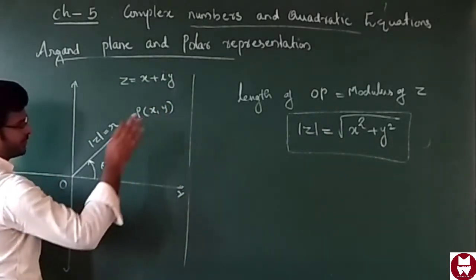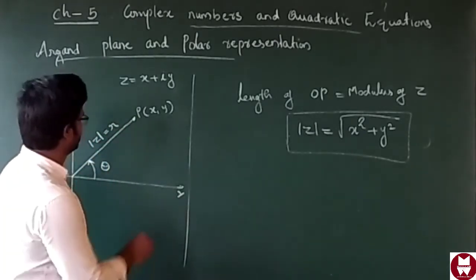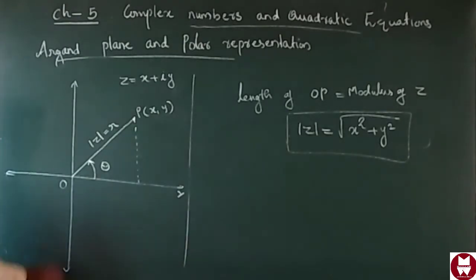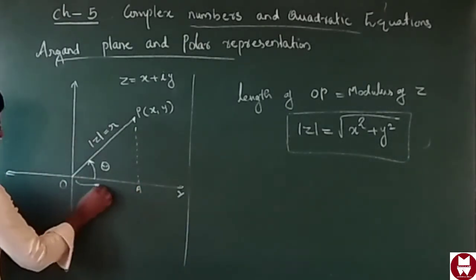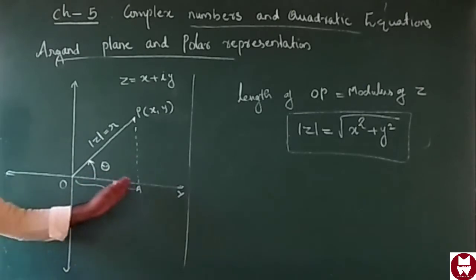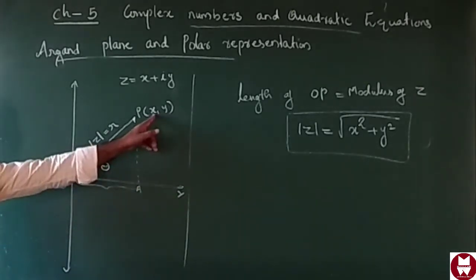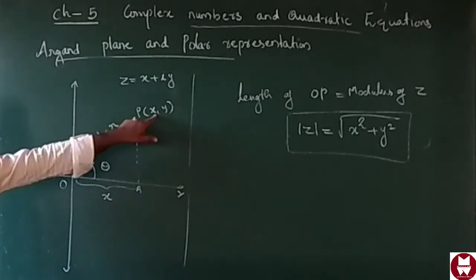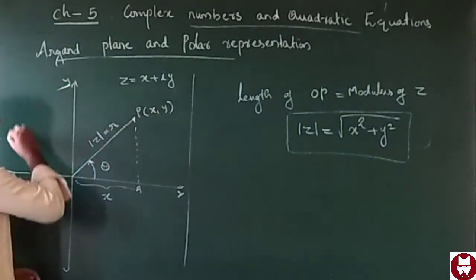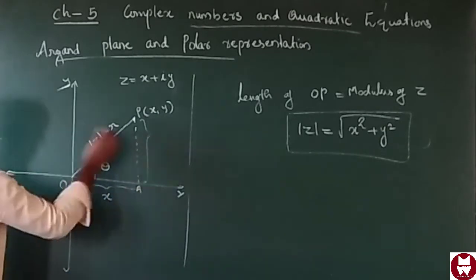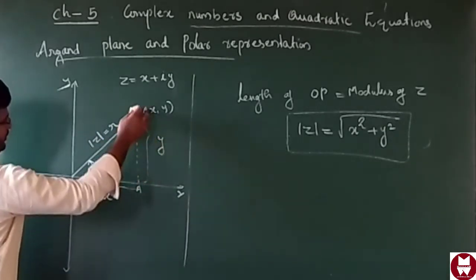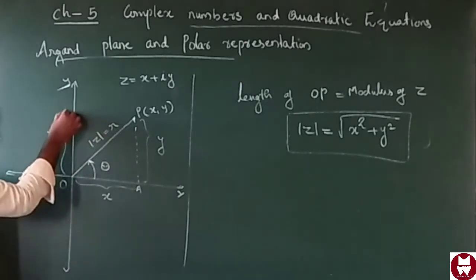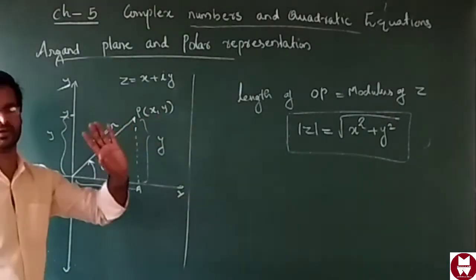Then how did that formula come? If you make a right angle triangle here, this length O to A will be x, because the x coordinate here is x only. Then this length A P will be y, because the y coordinate at this point is y only.